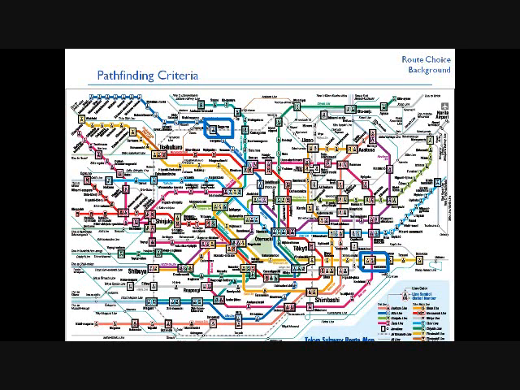They tell me, okay, I'm traveling from a station that's on the blue line to a station that's a transfer station that can be reached through the yellow line and the pinkish line.